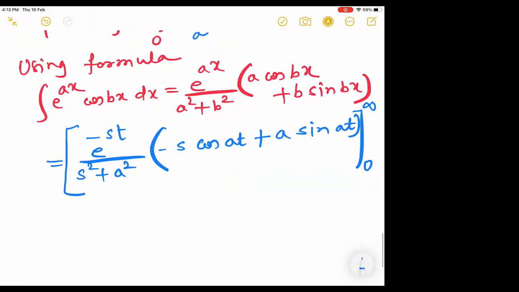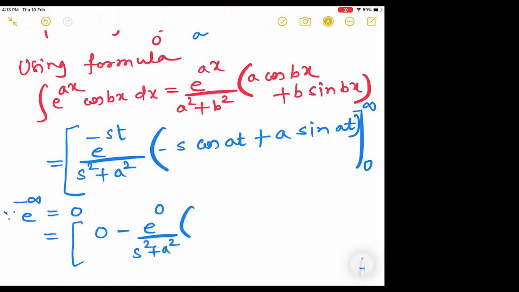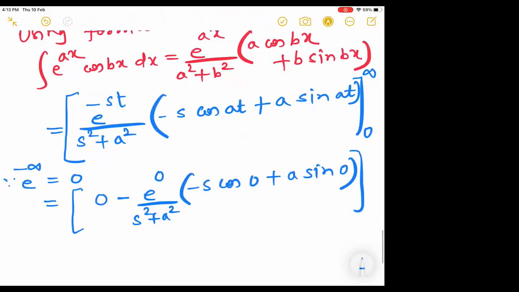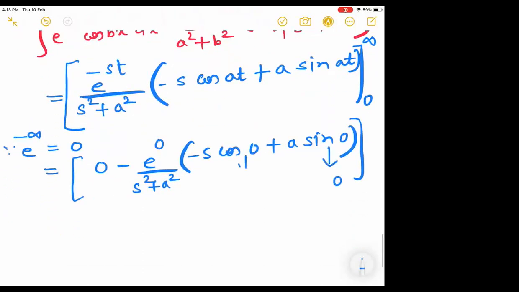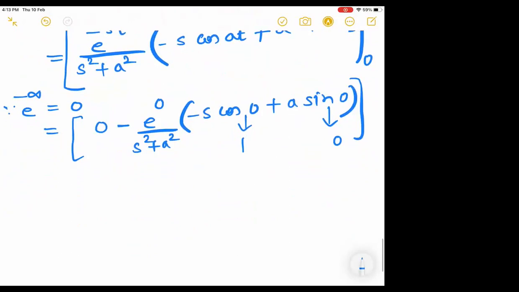So once again, the upper limit answer is 0, as e raised to minus infinity will come. So this is 0, means the first term is 0, minus the lower limit answer, e raised to 0 upon s square plus a square into minus s cos 0 plus a into sine 0. And this sine 0 is 0. Once again, cos 0 is 1. So we will be getting the final answer.